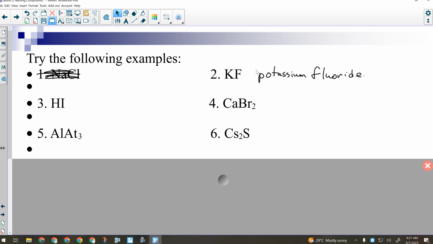Hydrogen monoiodide? Would I use a prefix? Hydrogen is a gas, but it's a metal. Gas is its state, but it behaves in a metallic fashion. So even though it is a gas, we still consider it a metal, in the same way that mercury is a liquid, still a metal. So hydrogen iodide, exactly.